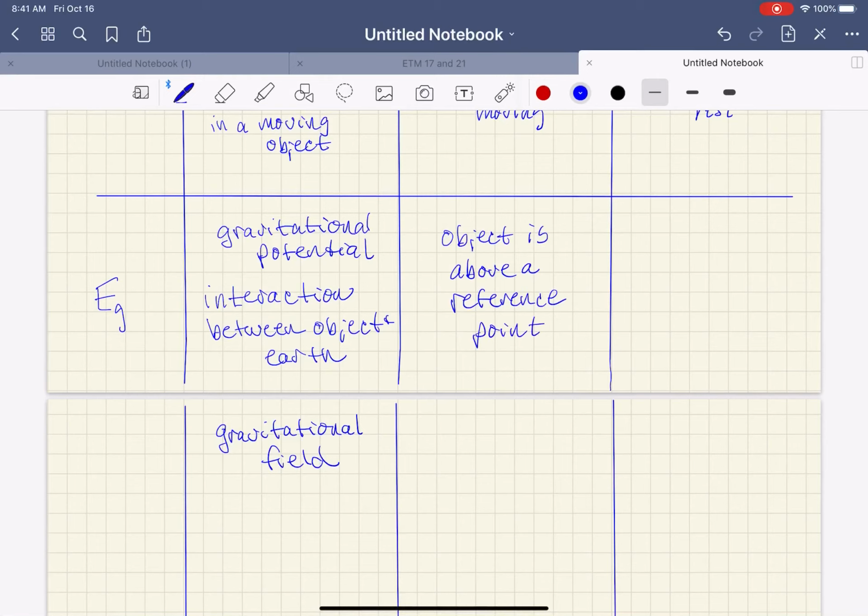We get to decide where that reference point is to make it easy on us. It is zero when the object is at the reference point, and we'll call that where y equals zero. Y is a vertical displacement, while x is a horizontal displacement.